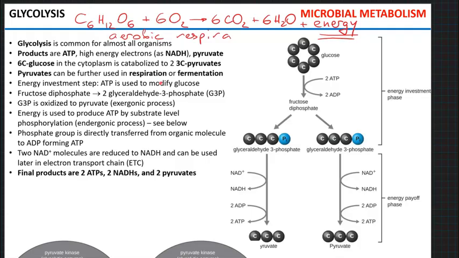When you hear the word energy, and we're talking about cells, which three letters should pop into your mind? Cell, energy, three letters, huh? ATP. So this energy is used for the ATP synthesis.